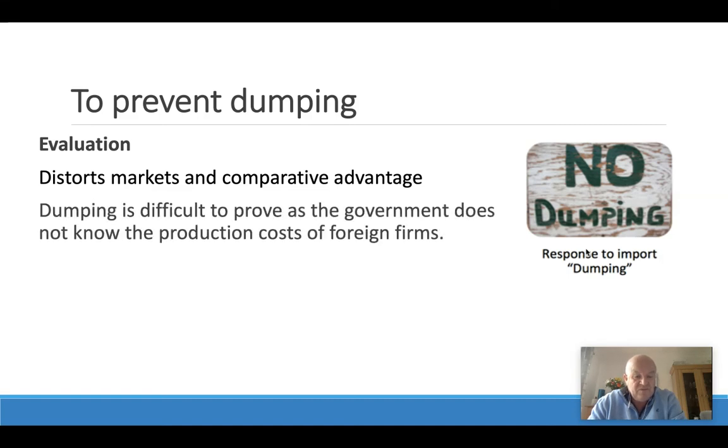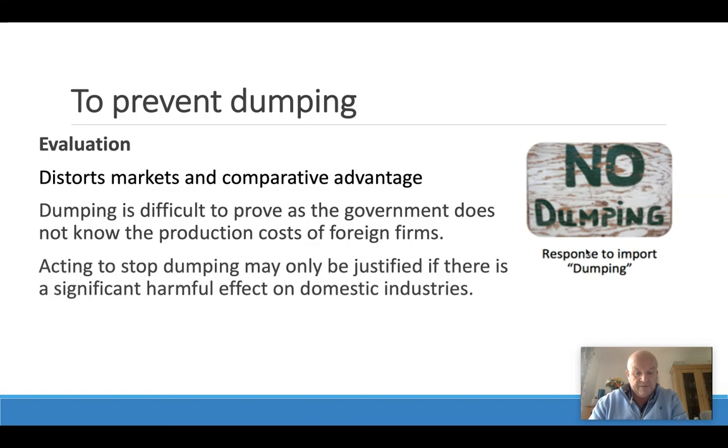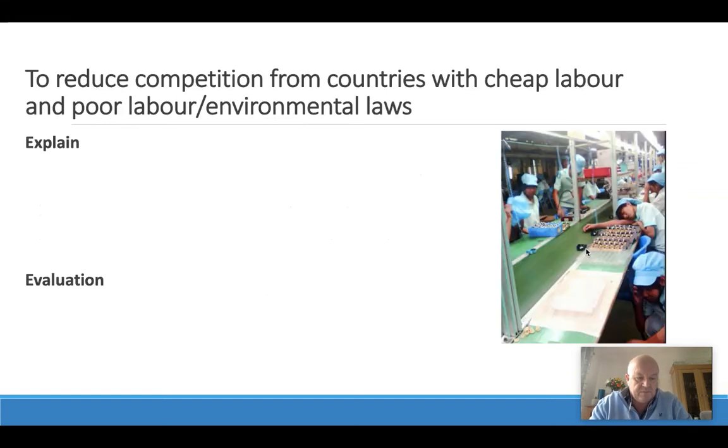And dumping is actually quite difficult to prove because again, government doesn't necessarily know what production costs are for foreign firms. So it could be the asymmetric information argument again. And the act of stopping dumping may only be justified if there are significant harmful effects on domestic industries. Okay, one could argue that if that were the case, then that probably would be a reason for doing it.